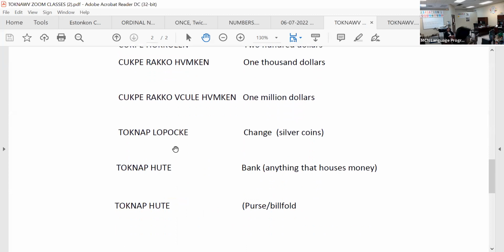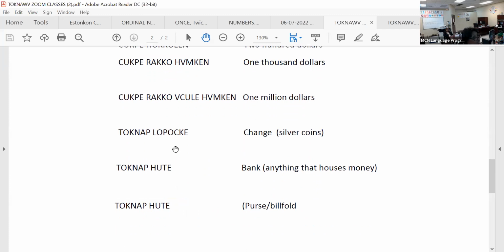Change, that's your silver coins that we got. We call it Dogna Lubuchkoji. A bank or anything that houses money is dognap hoodie. That's your bank, the bank that you go to.